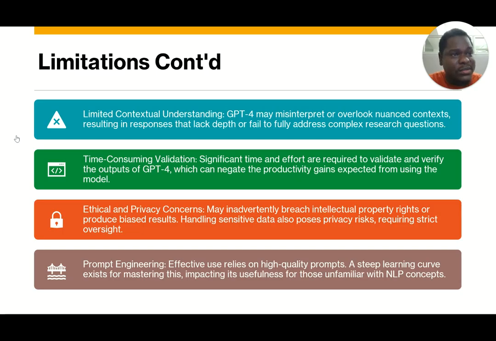So this raises serious concern about plagiarism and copyright infringement, especially in academic or commercial research settings where the originality of content is paramount. So for instance, if GPT-4 generates a passage that closely resembles a published article, it may do so without proper citation, leading to potential legal issues.